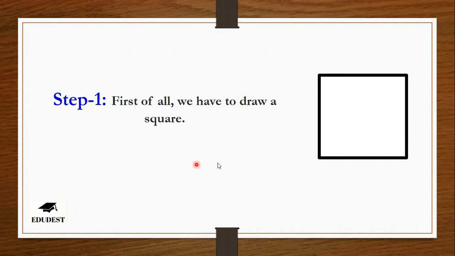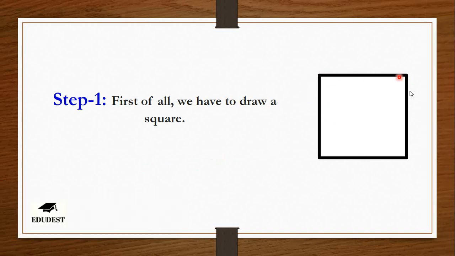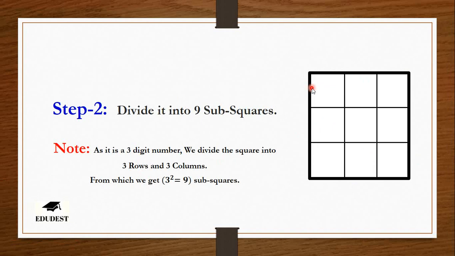Step 1. First of all, we have to draw a square like this. Second, we need to divide it into 9 subsquares, as 329 is a 3-digit number.